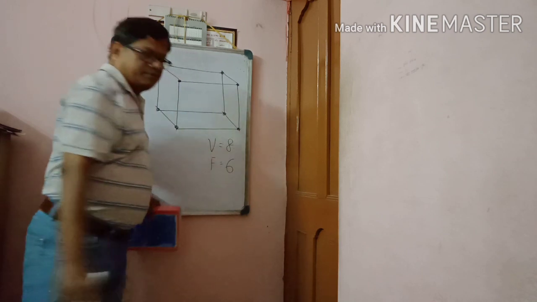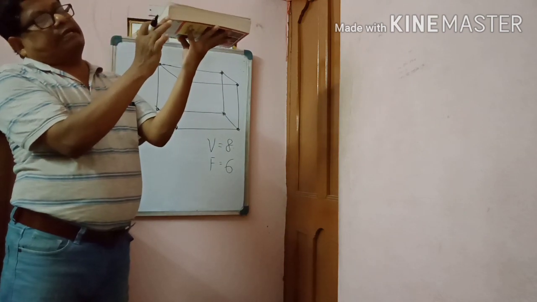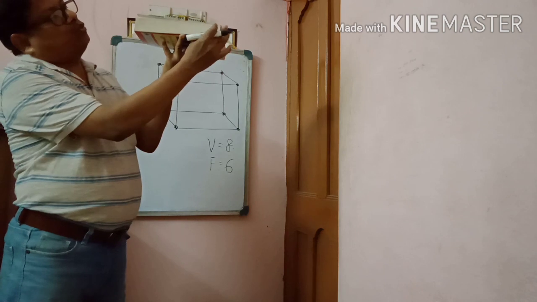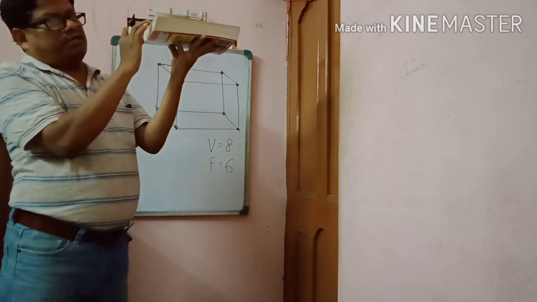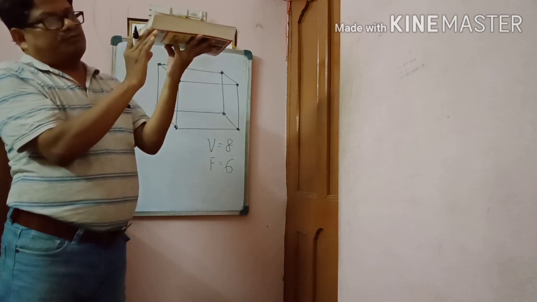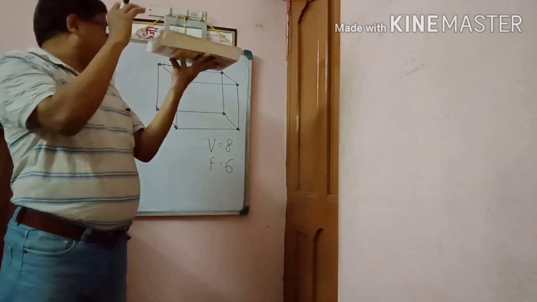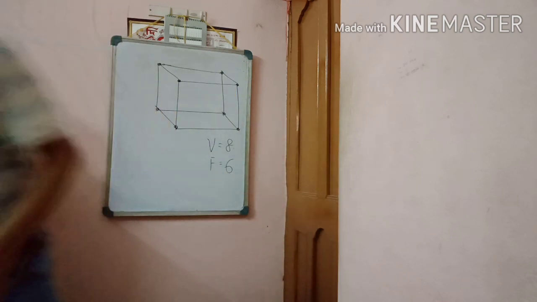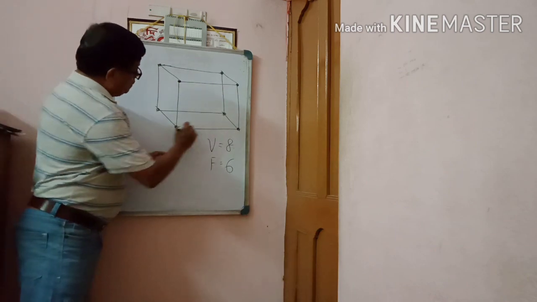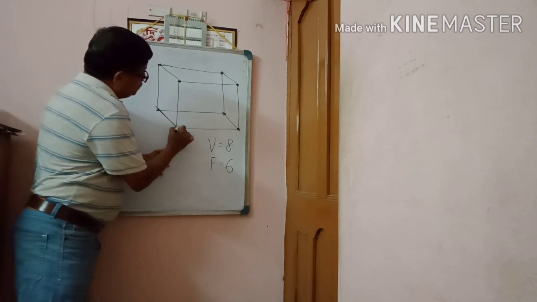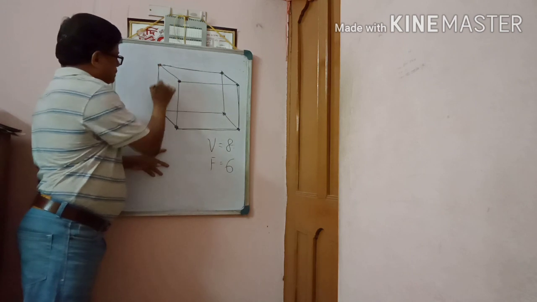And edges, look here. These are edges. 1 edge, 2, understood? 3, 4, 5, 6. Look at this figure. See, I am showing the figure here: 1, 2, 3, 4, 5, 6.